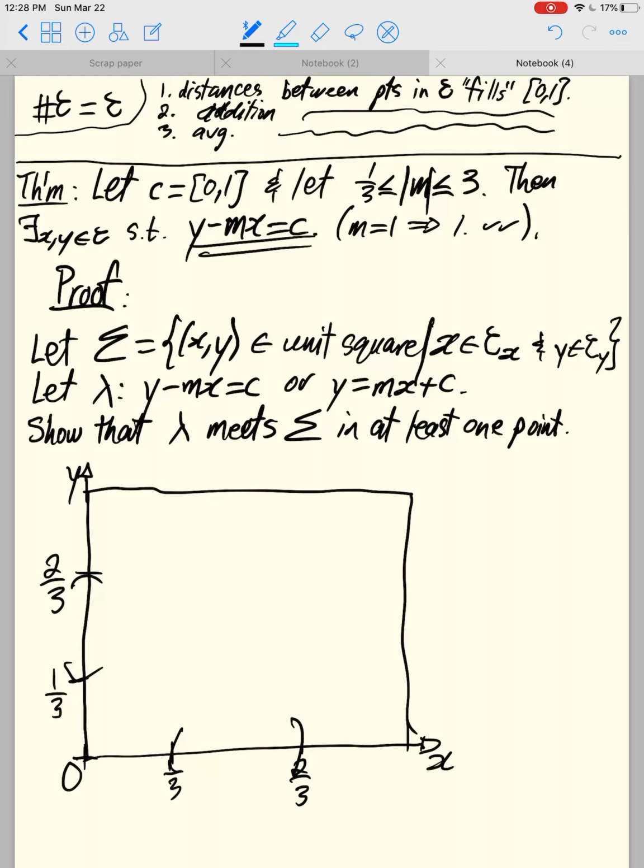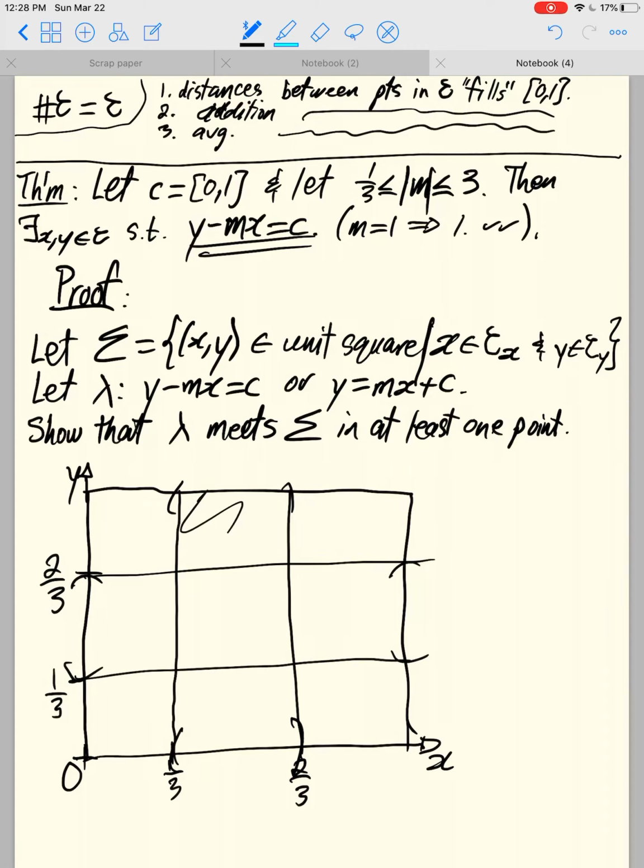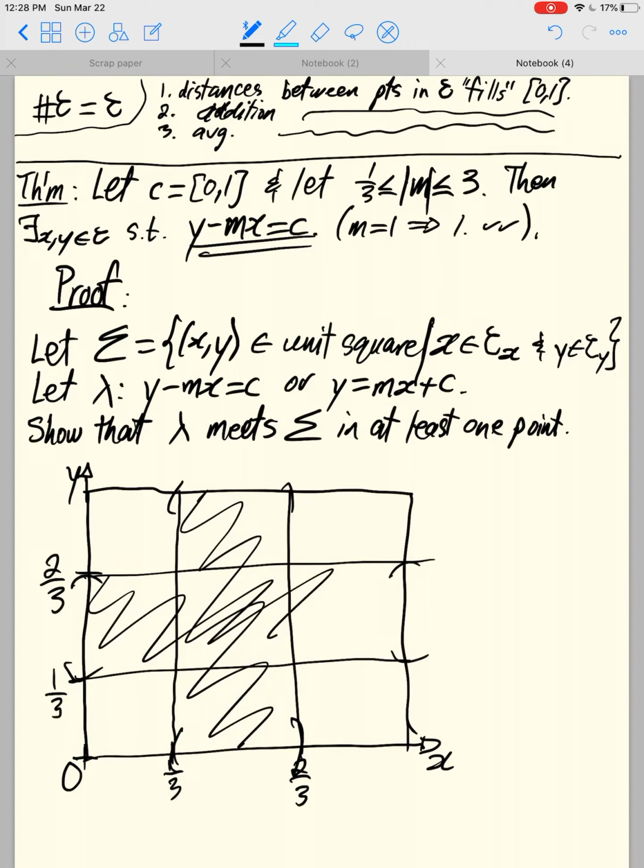Recall that in each step you remove the open middle 1/3 of the remaining intervals, so those endpoints will still be on there. The removed portion looks like a cross. This fuzzy part is the removed portion, and what we're left with are these 4 outer squares, each with area 1/9.